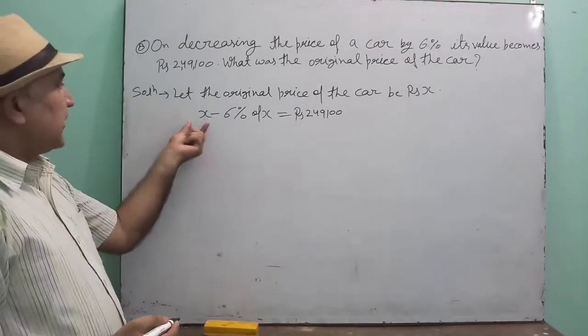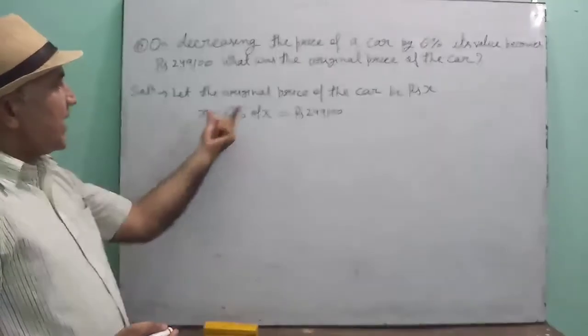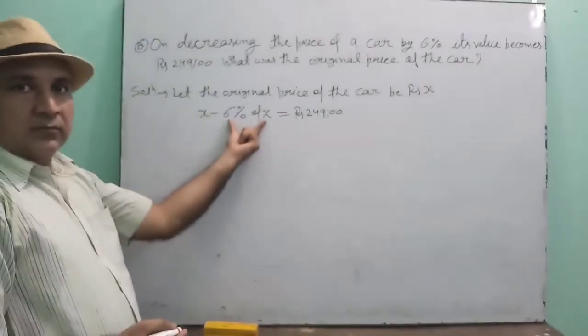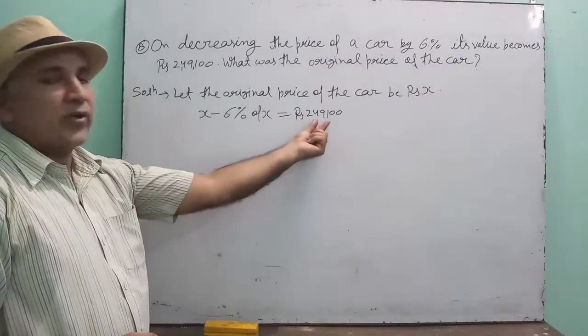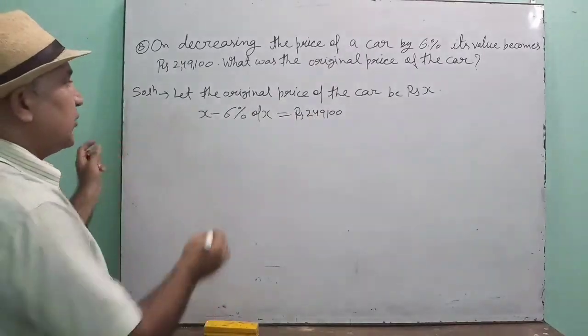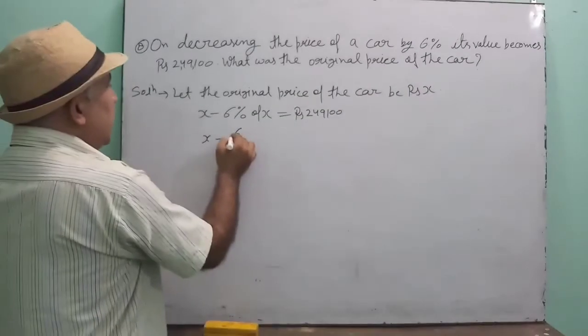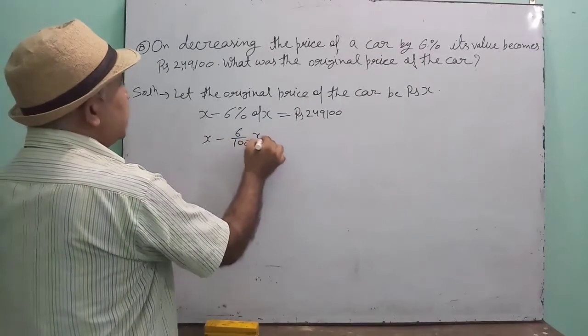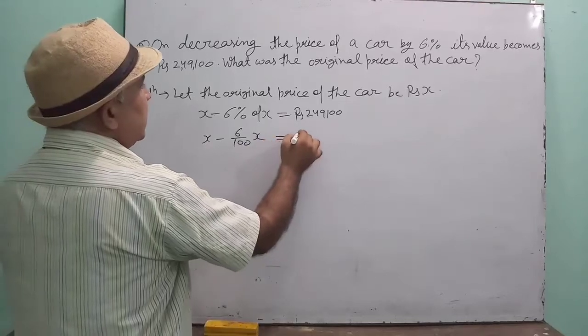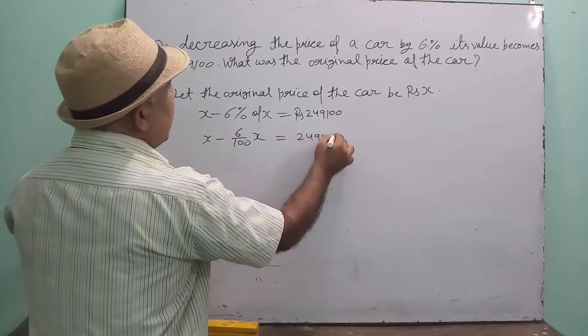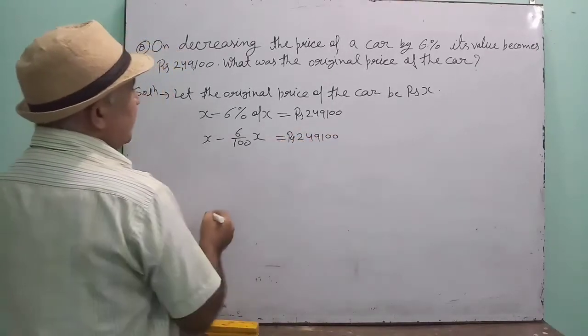Solve it. The price decreased by 6%, then it becomes 249100. Now solve and get your answer. X minus 6% means 6 upon 100 x is equal to 249100.